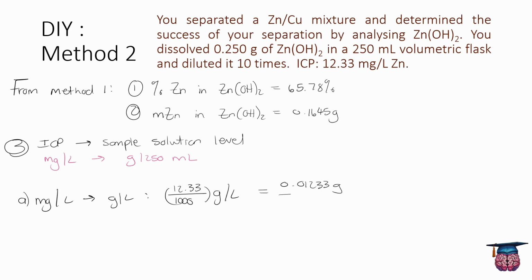And this is then 0.01233 grams per liter. Next, we need to take dilution into account. Now, since we are working from ICP to sample solution level, we have to multiply with 10. And this gives us a value of 0.1233 grams per liter.